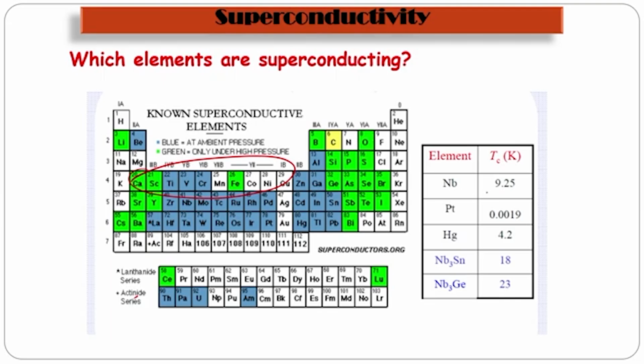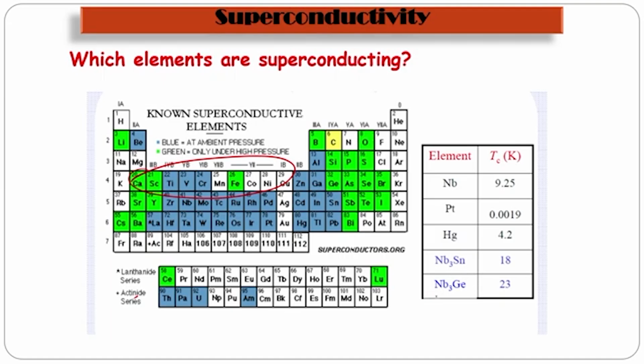There is niobium, which is one of the first known superconductors, with a TC of less than 10 Kelvin, platinum with very low TC, a fraction of a Kelvin, and mercury, which was 4.2 Kelvin. Then there were more complicated, compound materials, combinations of different elements which gave rise to superconductivity.